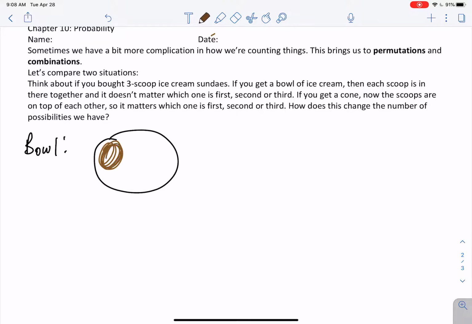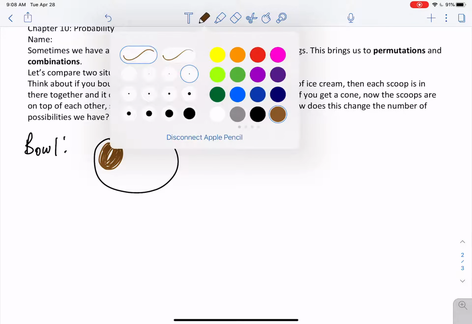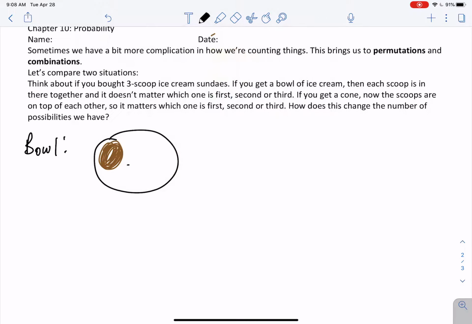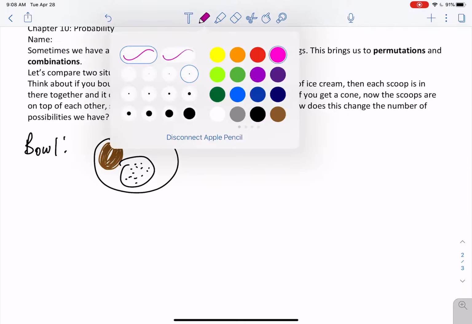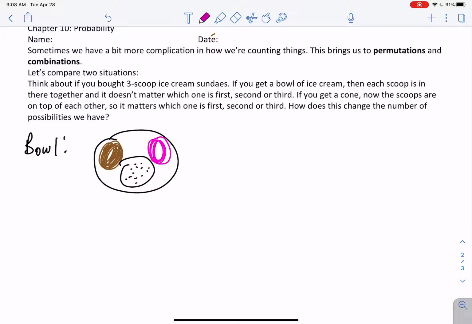So I can have chocolate, I can have vanilla. Let's put some vanilla flecks in there, and then strawberry. That also looks like a really weird face.